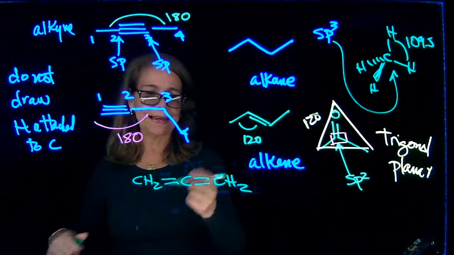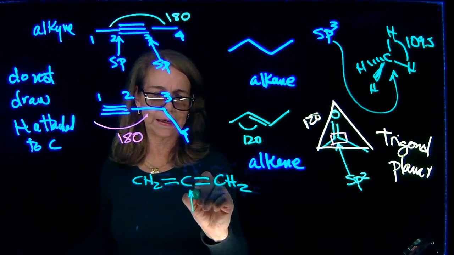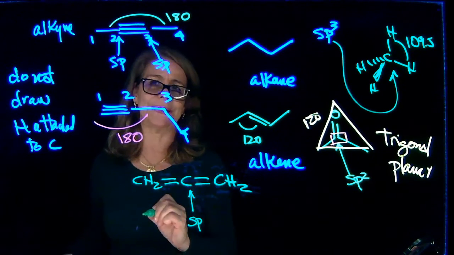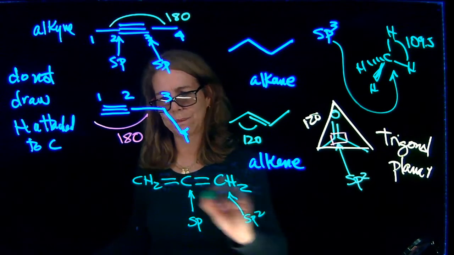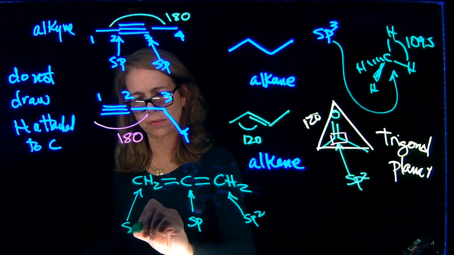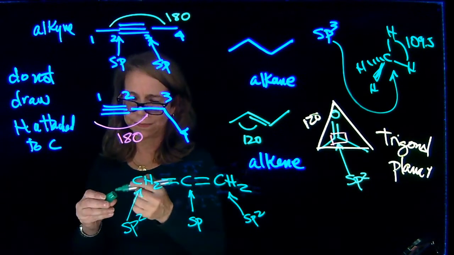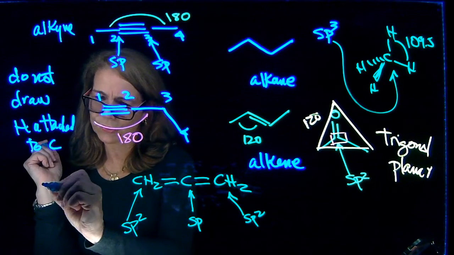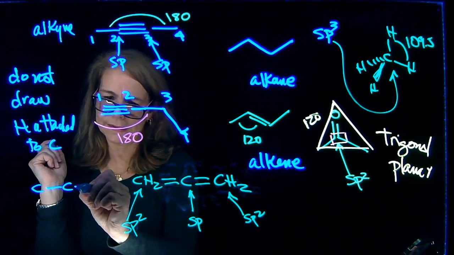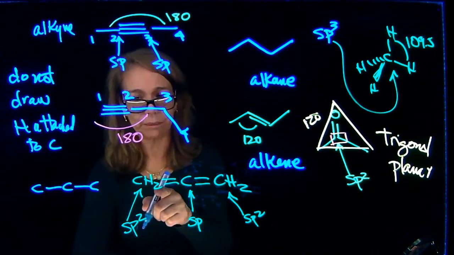The carbon in the center is sp hybridized, and this is sp2, and this is sp2. So let's make a picture with the orbitals now. Let's choose the line that shows sigma bonds.